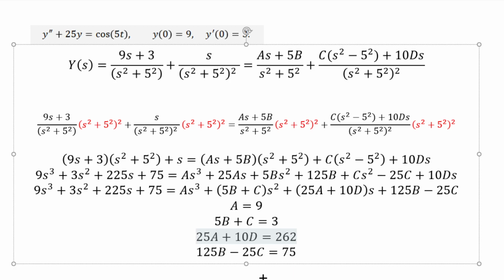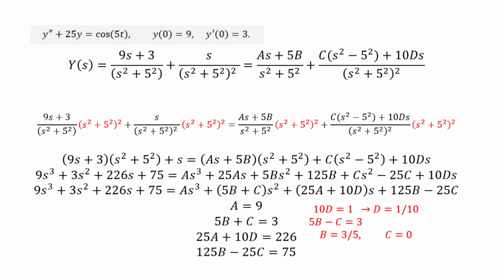But anyways, if you have this, then you can easily solve it by first plugging in the A value 9 here, and you subtract it over to the other side, and you get D equals 1/10.